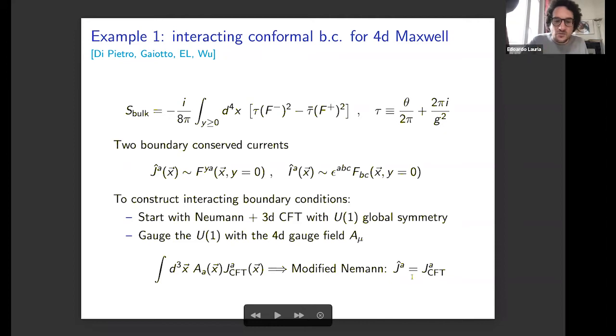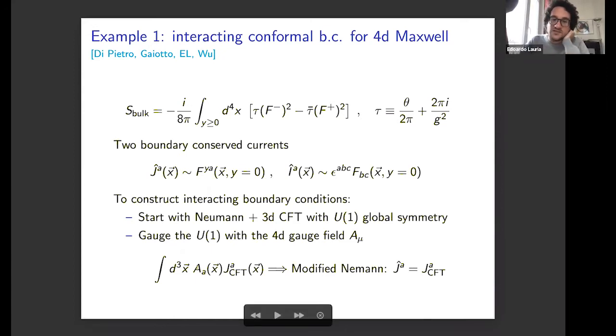Due to the interaction with the edge modes, J hat is not 0, it's equal to J CFT. So very good. This interaction defines interacting boundary conditions. Of course, these boundary conditions are not yet conformal, because one has to see what happens in the far infrared.